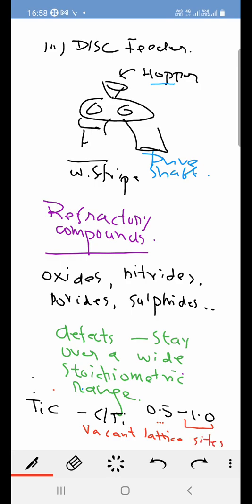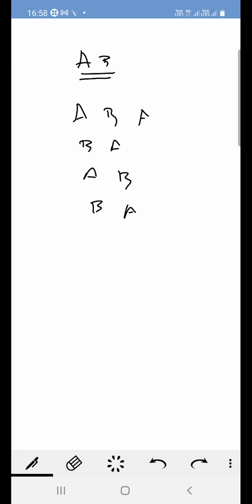It's quite obvious because when you are depositing, say, two materials A and B, let's say we have AB, AB, BA, BA, AB, AB, and BA, BA. At this point of time, there are equal numbers of A's and B's. So the A and B ratio is 0.5.